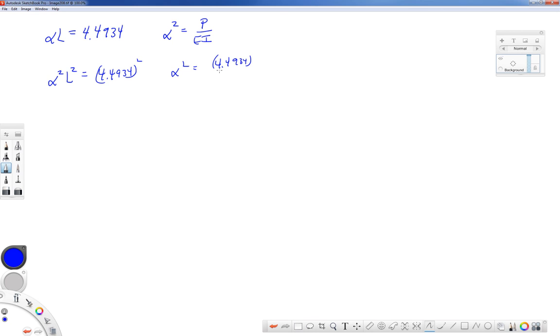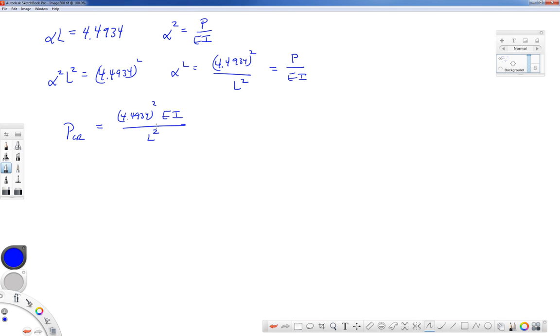4.4934 squared divided by L squared. Alpha squared is equal to P over EI. I can cross multiply and find my critical load for my fixed and pinned case, which is 4.4934 quantity squared EI over the length of the column squared.